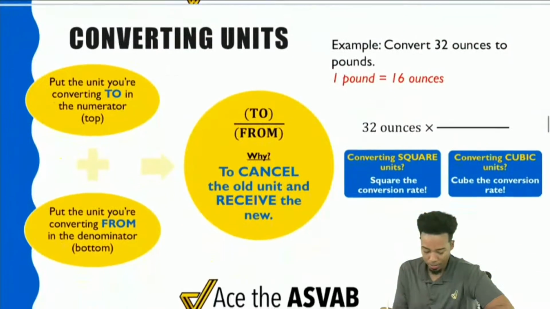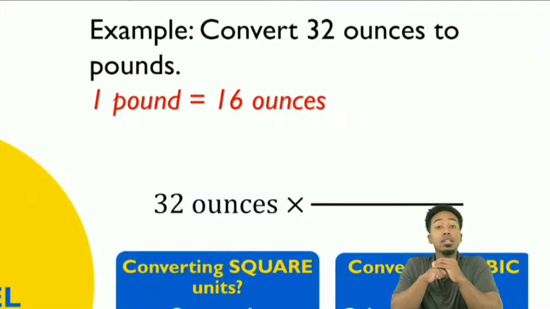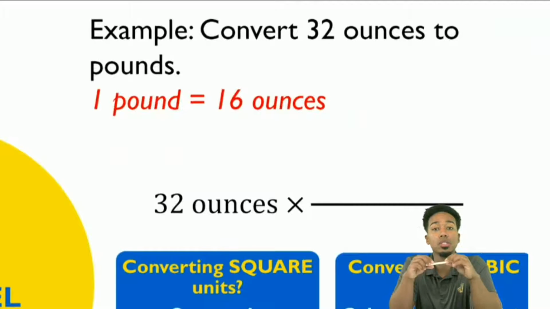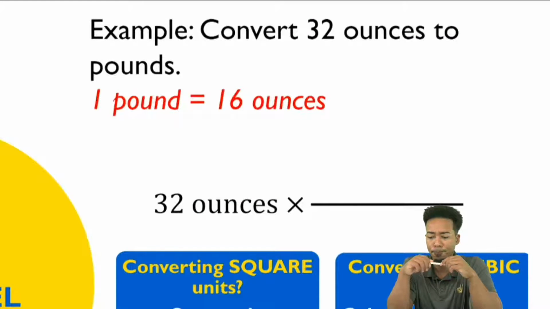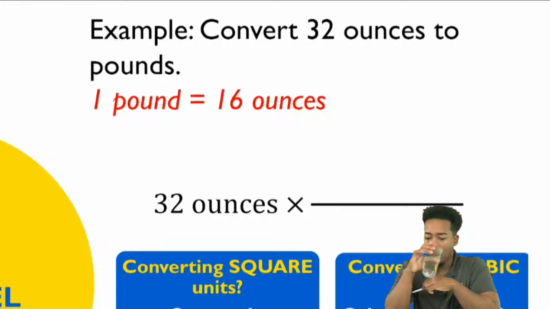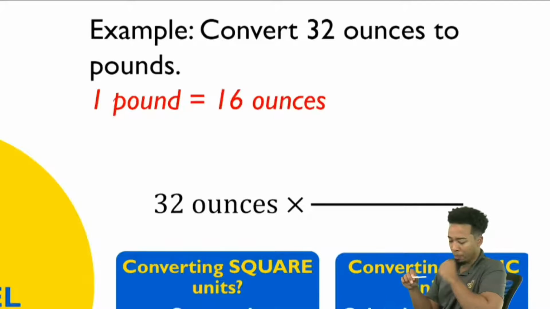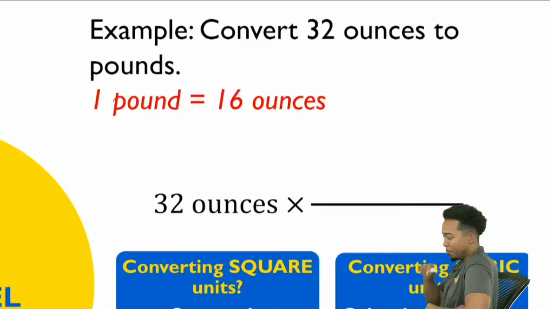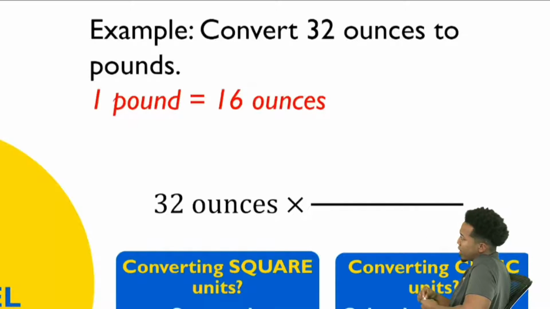Here's another example. The example says, convert 32 ounces to what, everybody? State it in the chat box, please. Convert 32 ounces to what? Exactly. Convert that to pounds. Perfect. So, with that said, we're starting off with 32 ounces.